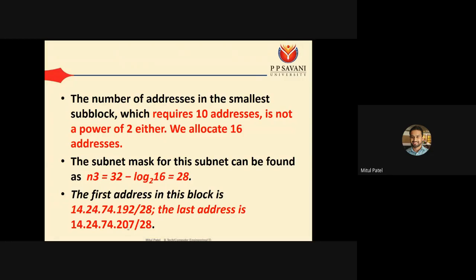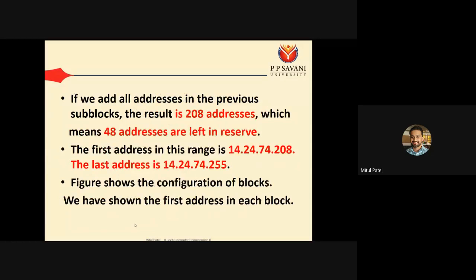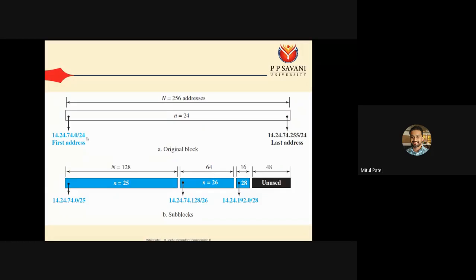This one is the first address, this one is the last address. So in total 208 addresses are allocated. The remainder is 48, and its range is from 208 to 255. So from this figure you can clearly see this allotment.